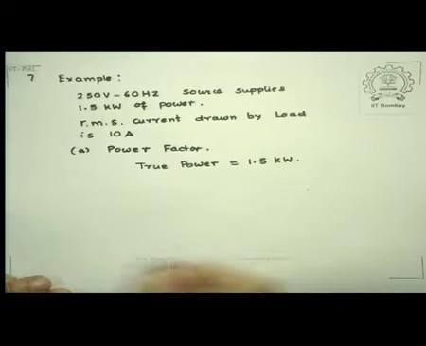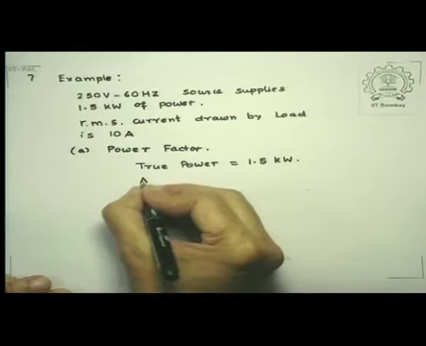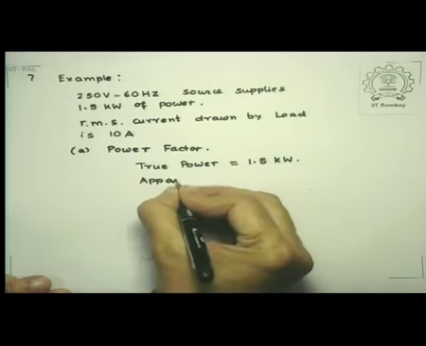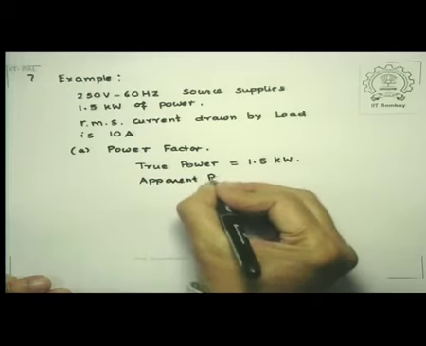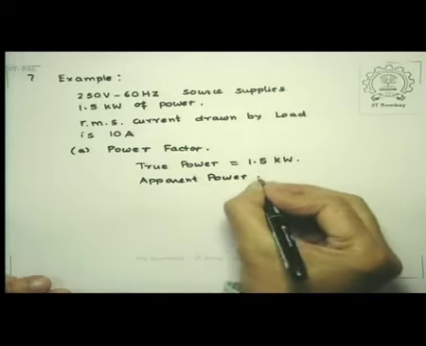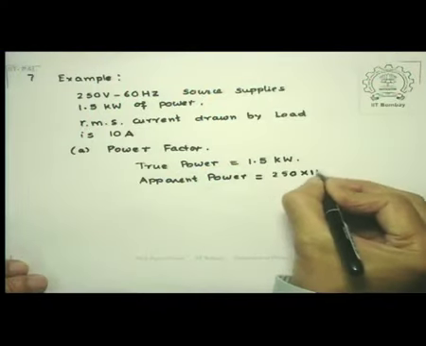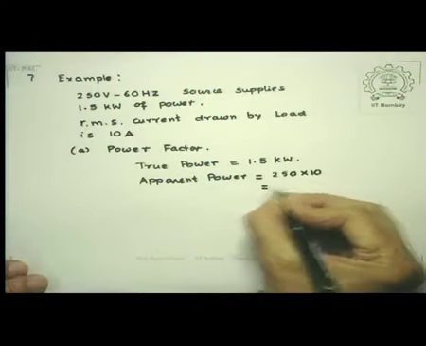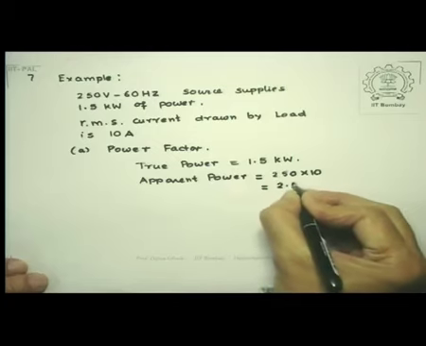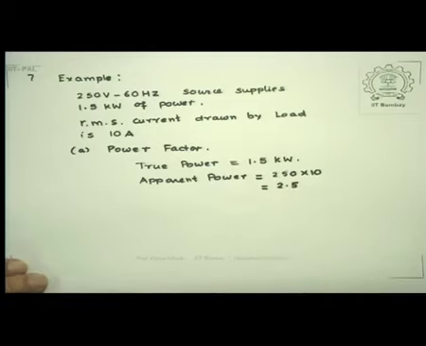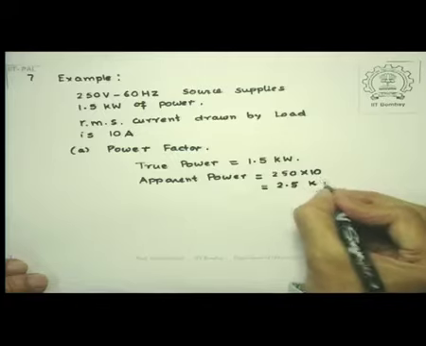Now I know how much is the apparent power. The apparent power is known to me because I know what is the voltage of the source and I know the current that the load is drawing. So this is 250 multiplied by 10 amperes, and that is equal to 2.5. Now it is not written in kilowatt, but it will be written in kilovolt amperes.